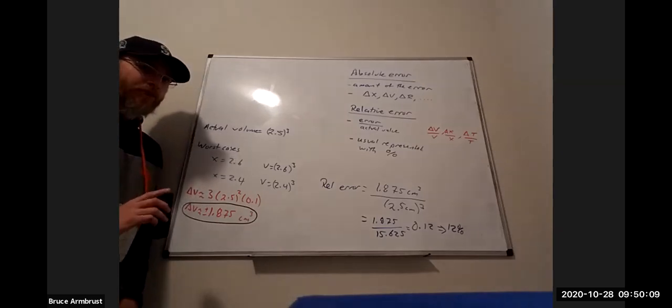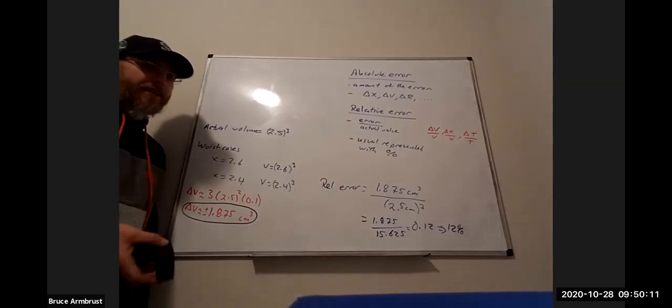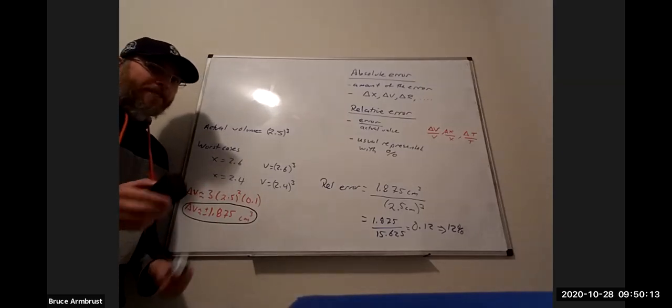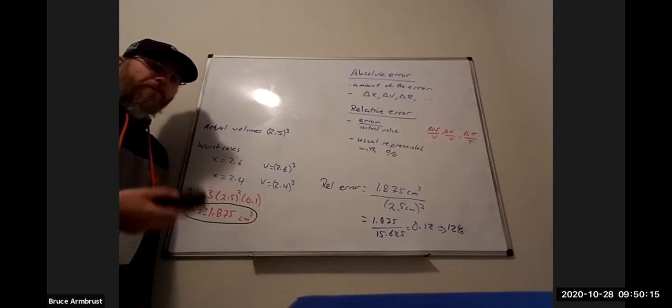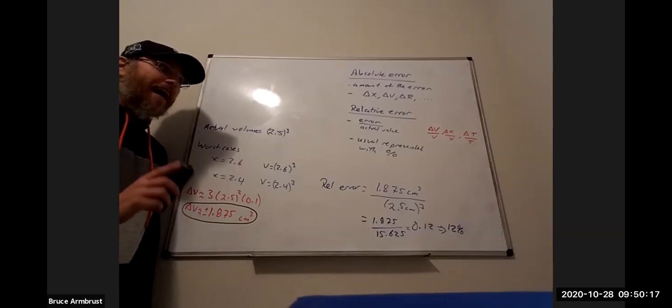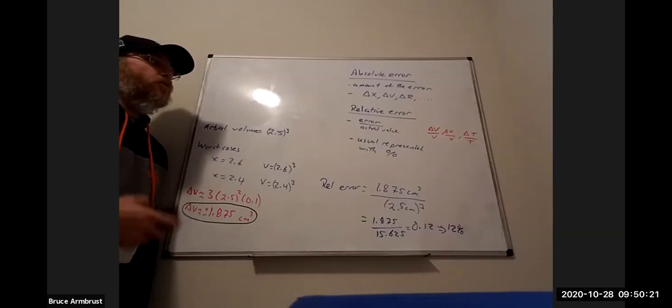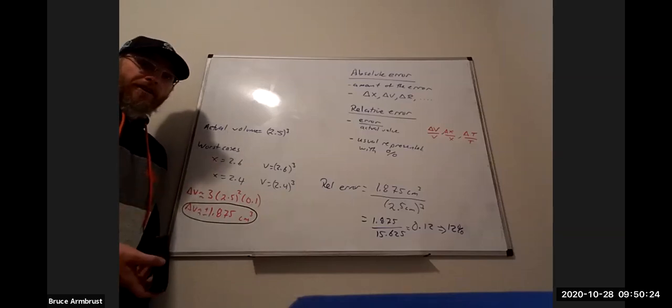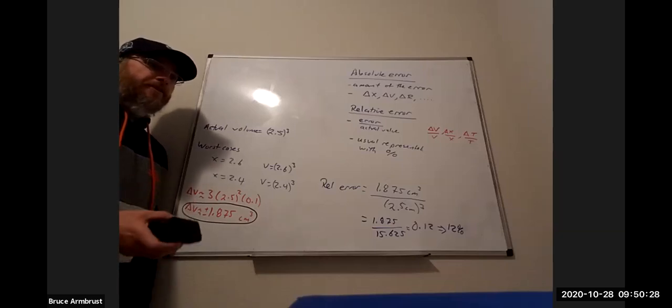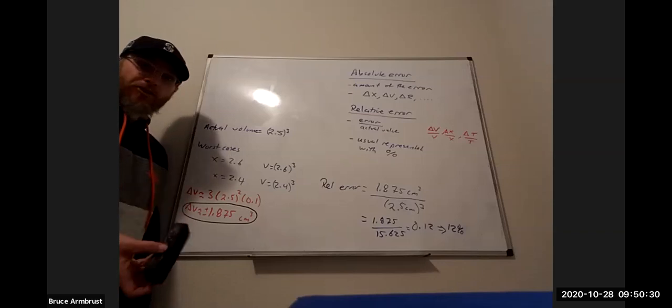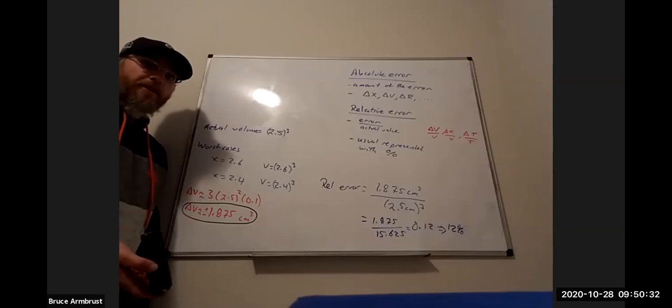But I want to show you something kind of cool. Always take it with a grain of salt when I say something's cool. What I like is that you can figure out what the relative error is going to be in terms of the relative error of your initial measurement, usually without even plugging in a single number.